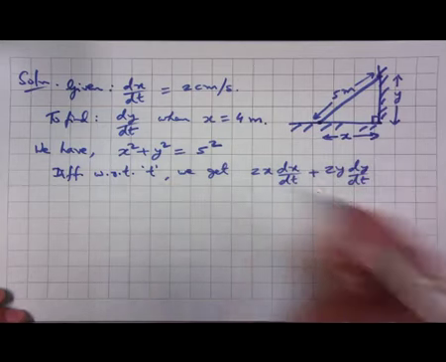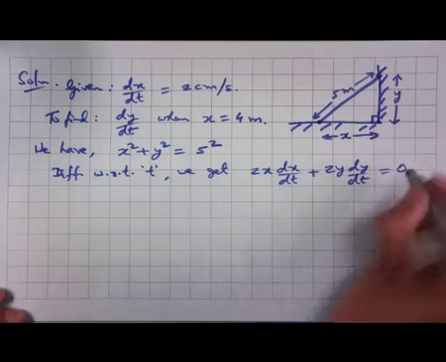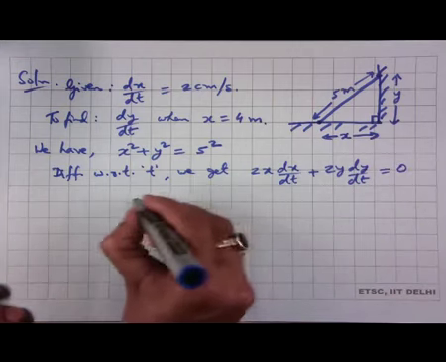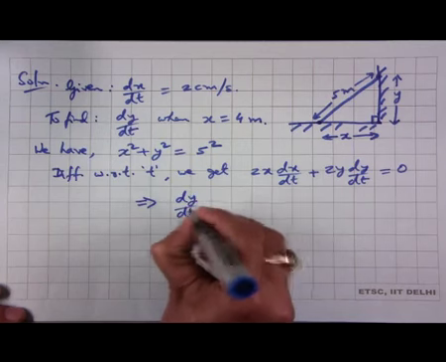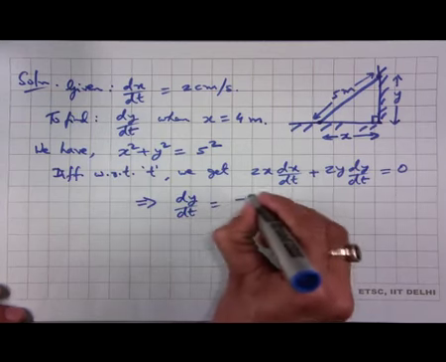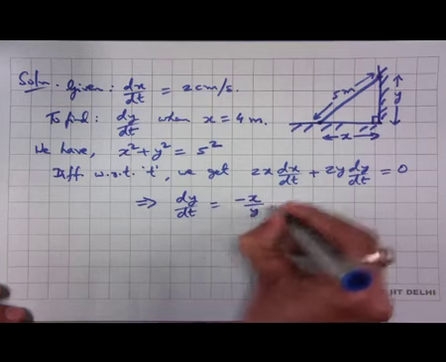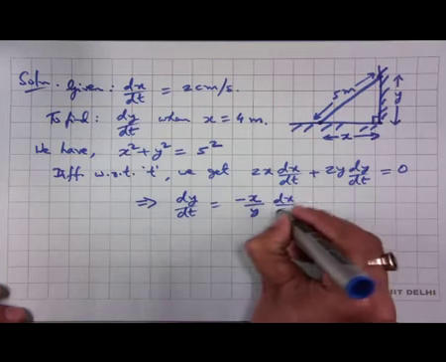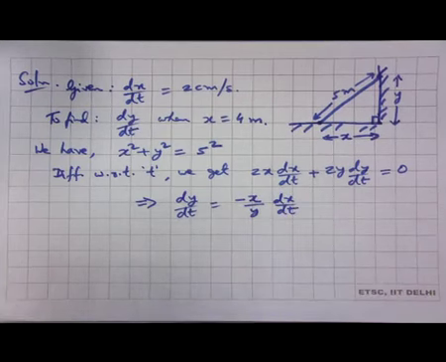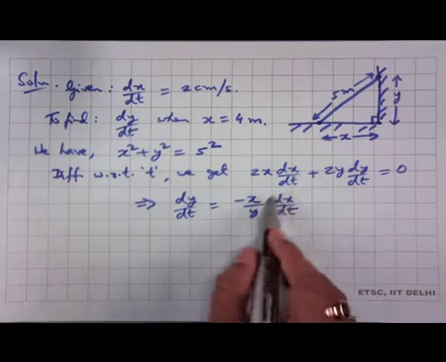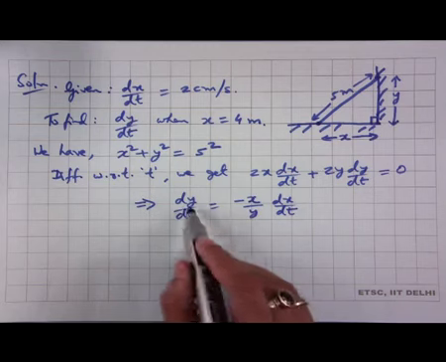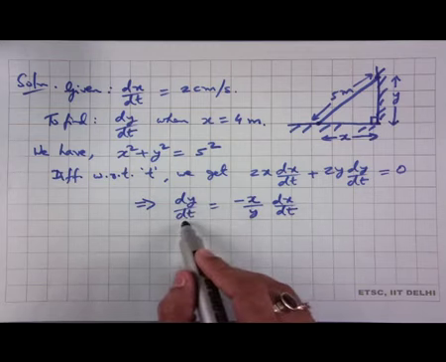Right hand side is constant, so the derivative is 0, and this implies that dy/dt is equal to minus x by y times dx/dt. So, you can see from this equation that if x is increasing, dx/dt is positive and then dy/dt will be negative.